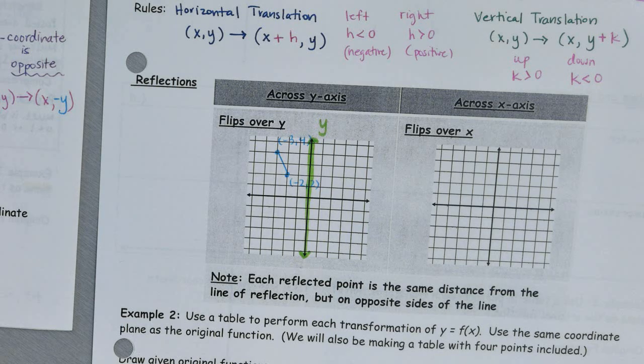Have the graph down, and then once you graph it, I want you to write the 2 points, because I want somebody to tell me what the rule is.